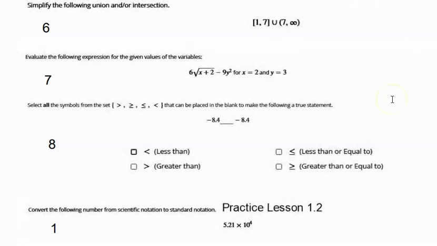Now, for the last item, and again, these are just a few of the kinds of practice that you would get. I tried to pick a sample of them. Here they're asking, select which of these symbols you would put here to make the statement true. Well, these are actually equal to each other, but they're not giving us that.